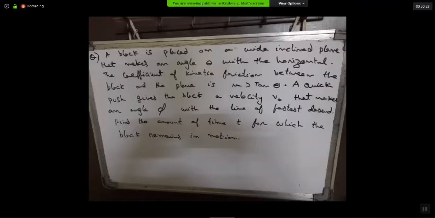A quick push, or a sudden impulse, is given to the block, and it is given a velocity v naught that makes an angle phi with the line of fastest descent. I think I told you about the line of fastest descent earlier also. You have to find the amount of time for which the body remains in motion.